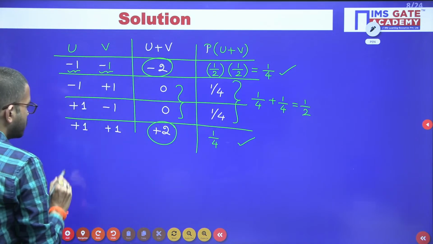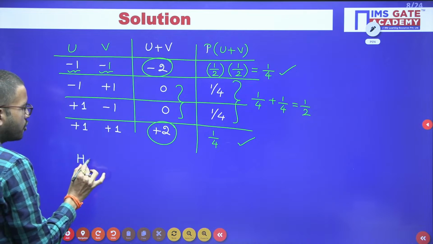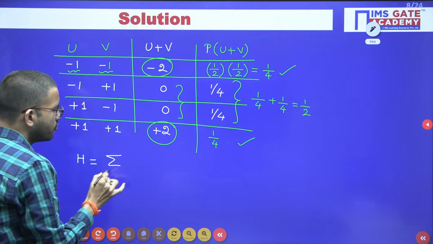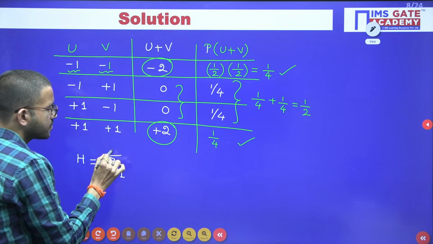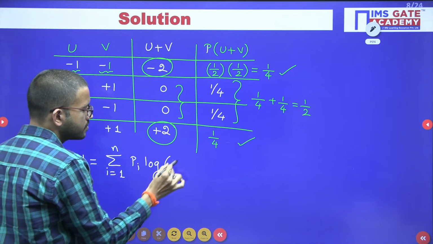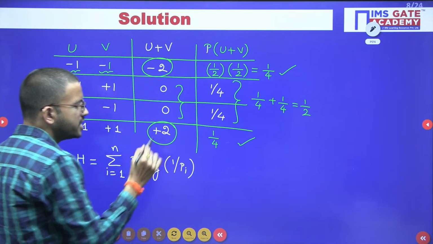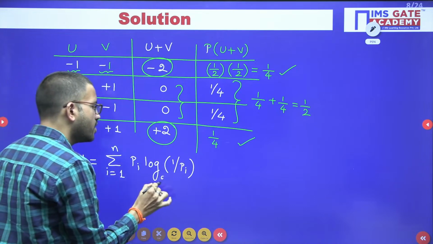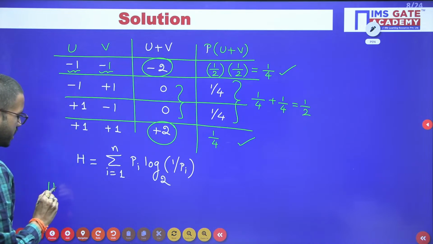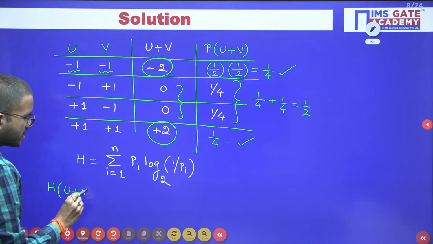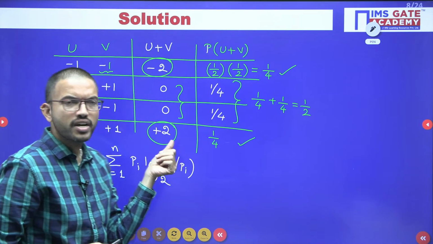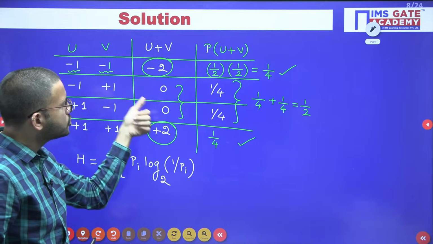Now regarding entropy, I hope all of you know the formula: summation over i equal to 1 to n, probability into log 1 by probability, with base 2. In this question they are asking for the entropy of U plus V. Regarding U plus V, you are having 3 possible values: -2, 0 and +2.